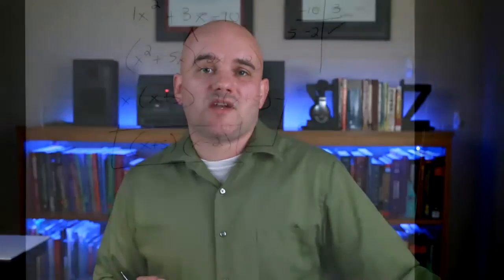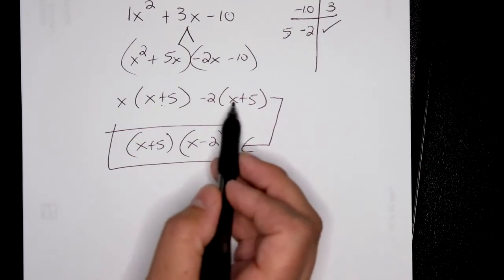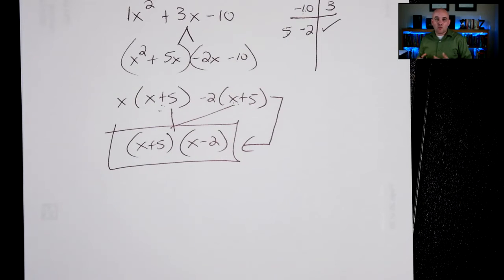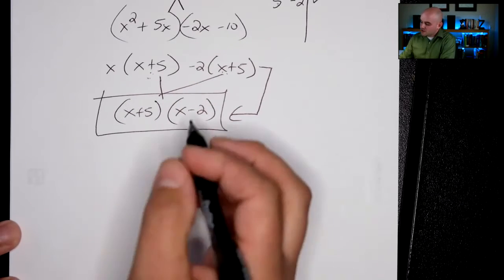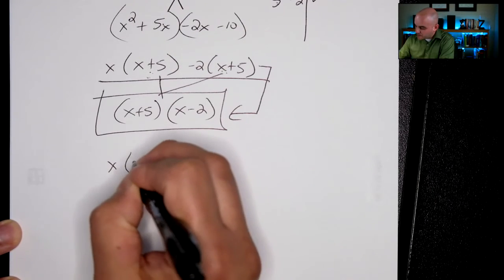So this was a question I had when I was in high school. I said, what happened to this x plus 5 right here? Because it looks like we're just combining it and making it 1x plus 5. But that's not what's really going on here. Let's, for instance, go back to this line right here and write it out again.